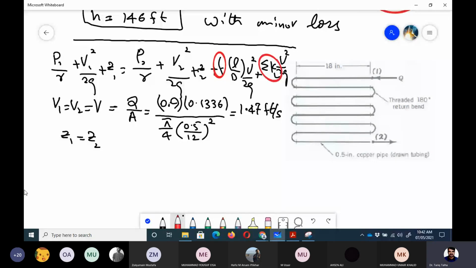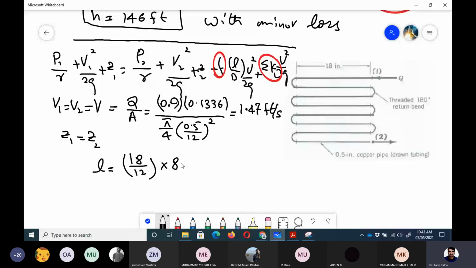Okay, so first of all, what is the length of the pipe? If we see 1, 2, 3, 4, 5, 6, 7, 8, the length of the pipe would be 18 divided by 12 into 8.